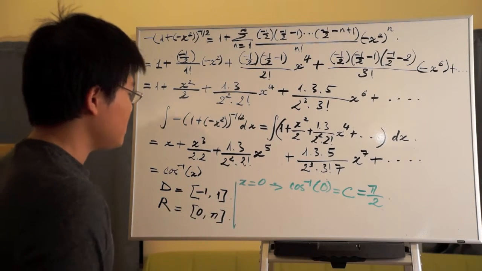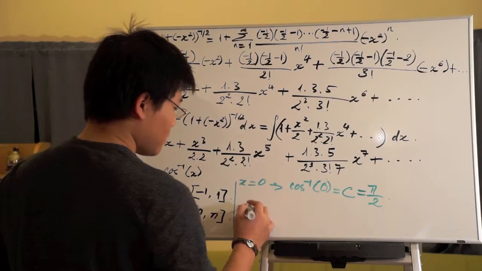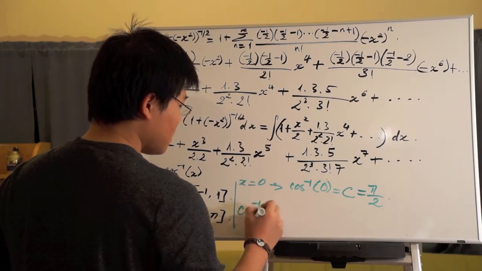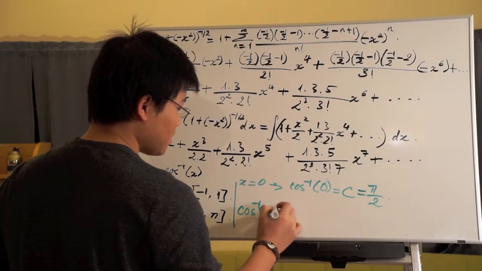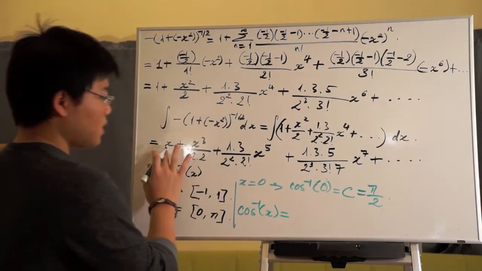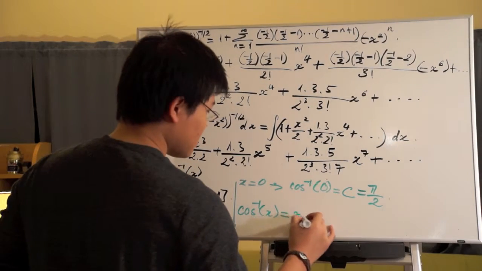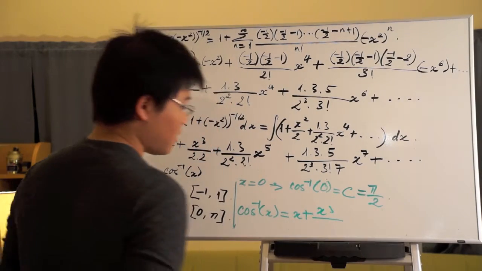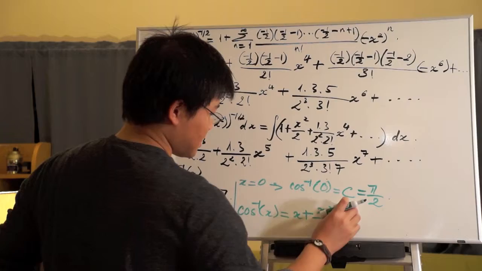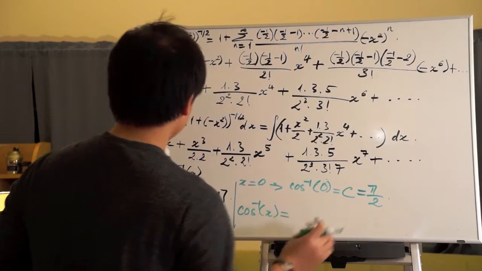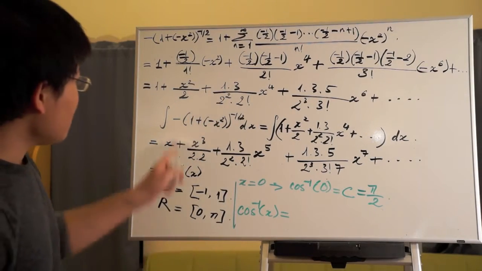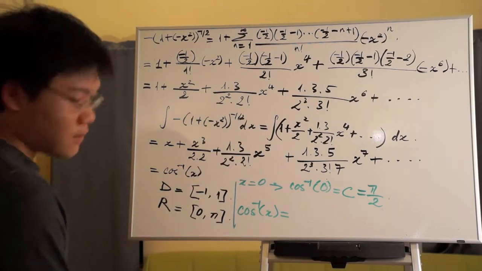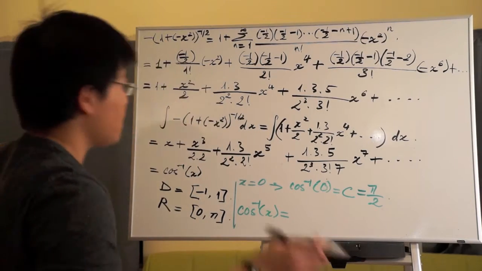So from here we have inverse cosine of x equal to x plus x squared. Well, maybe I should write this because it says dot dot dot, right? So it's not so good to do that. Well, there's a minus sign here, so we have to be careful with the minus sign.